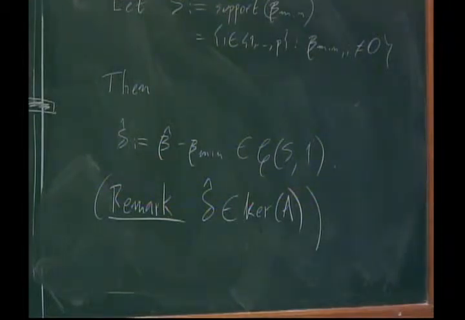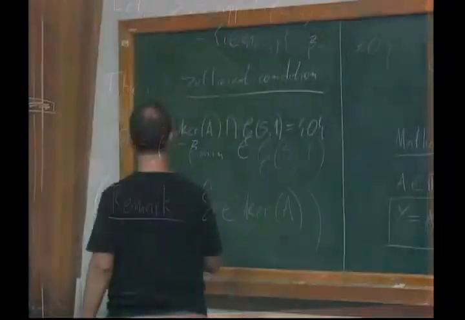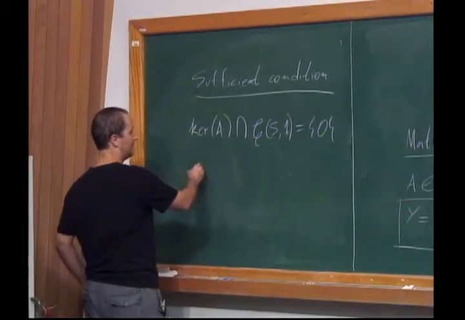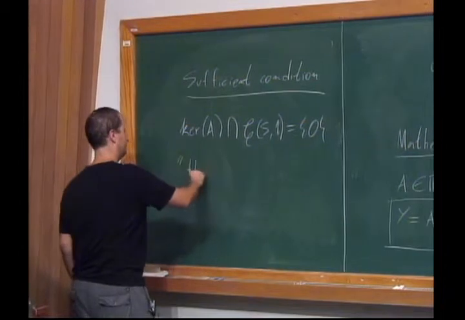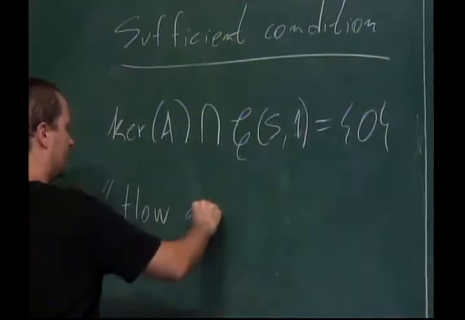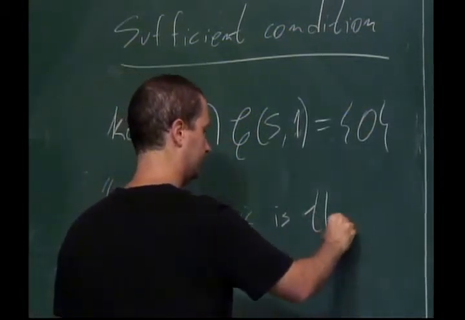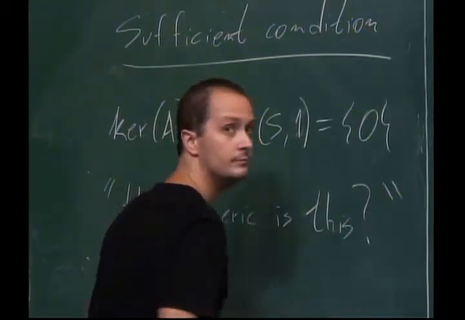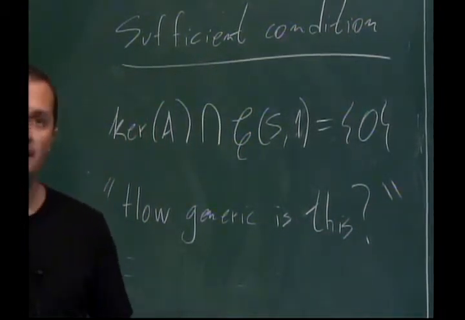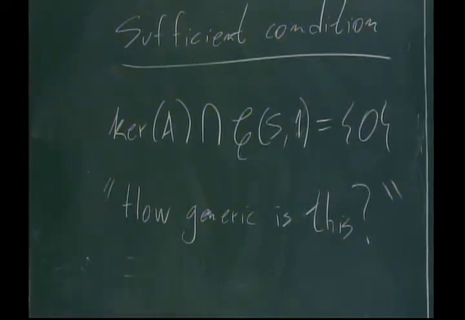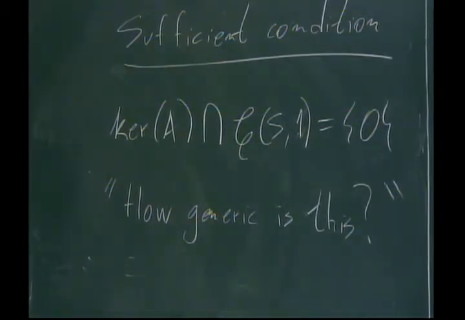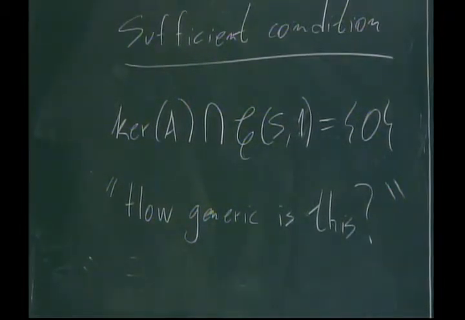Right? So the question is, you can put it like this, how generic is this? Before we had a very clean theorem that said, for instance, that the set of matrices A that are not generic is a set of 0 Lebesgue measure.